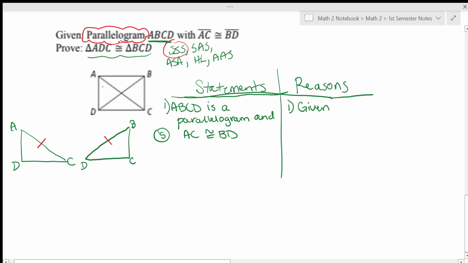So AD would be congruent to BC because it's a parallelogram. So I'm going to mark it on my picture here, BC congruent to AD. And I'm going to state it in my proof. AD is congruent to BC because opposite sides of a parallelogram are congruent.